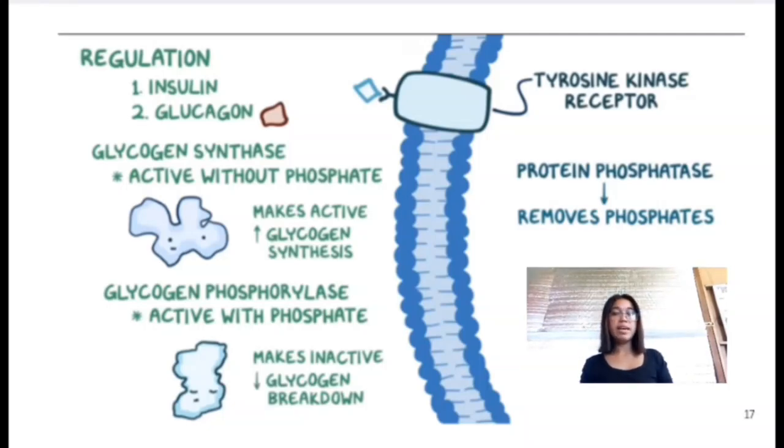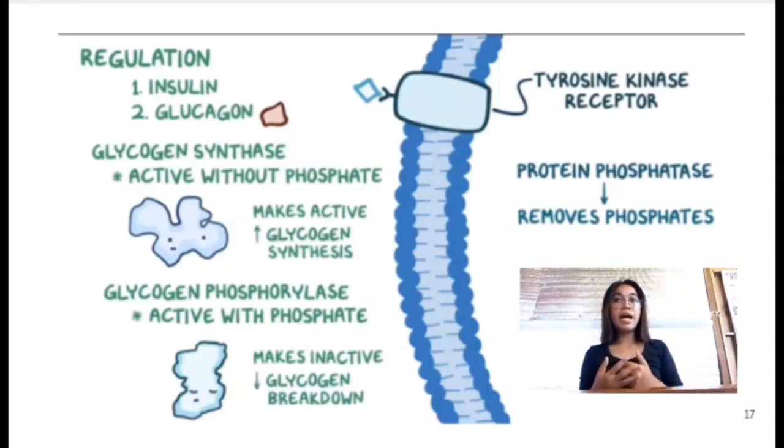So, in liver and skeletal muscle cells, insulin binds the tyrosine kinase receptor on the cell surface, and that ultimately activates protein phosphatase, which goes around removing phosphate from glycogen synthase, making it active, as well as from glycogen phosphorylase, making it inactive. This promotes glycogen synthesis and decreases its breakdown.